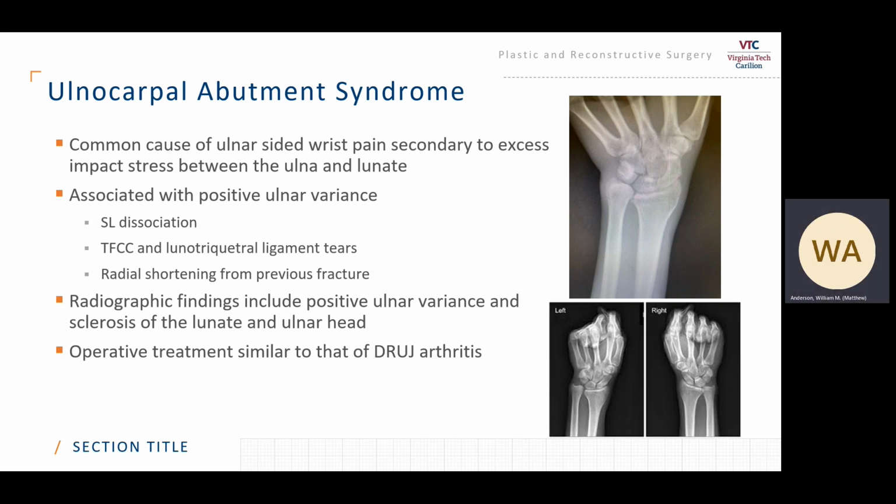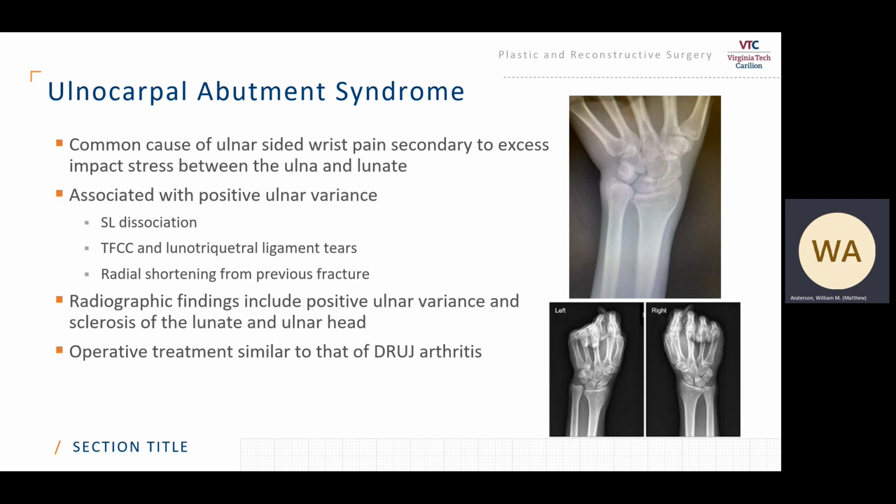Ulnocarpal abutment syndrome is a common cause of ulnar-sided wrist pain in patients, secondary to impact stress between the ulna and the lunate. It is associated with or a result of positive ulnar variants. This can be seen in SL dissociation, TFCC and LT ligament tears, and radial shortening from a previous radius fracture.